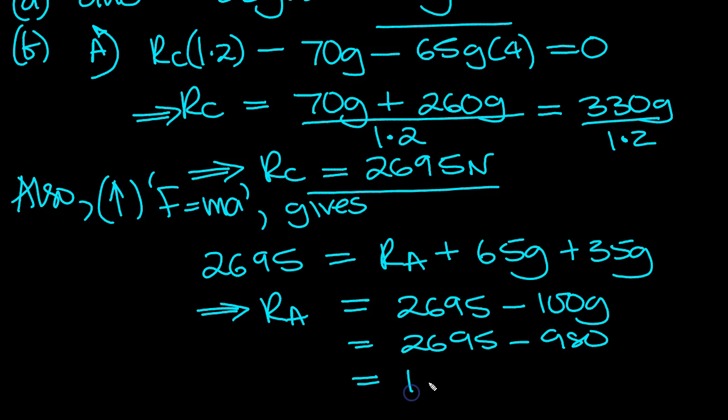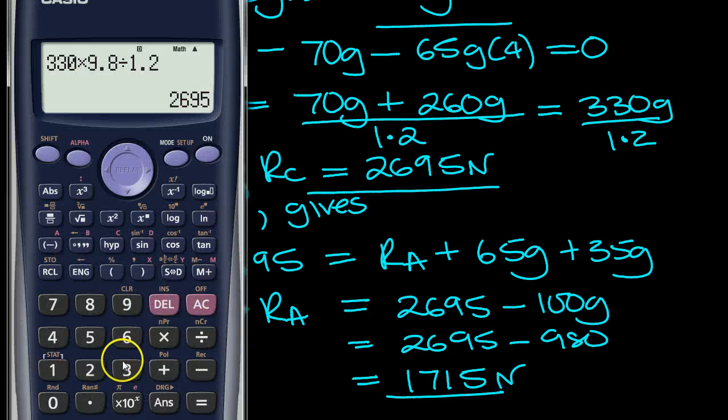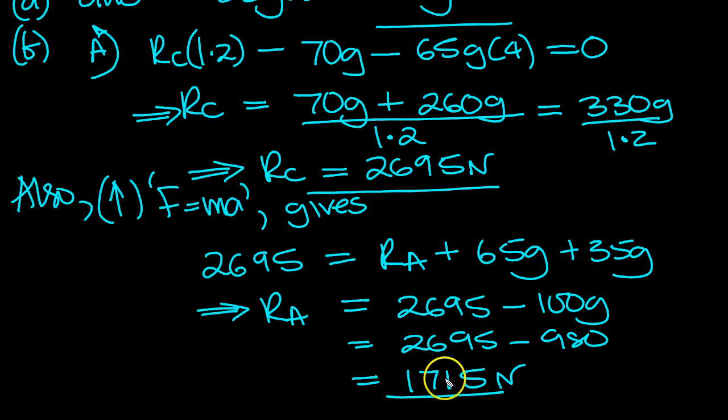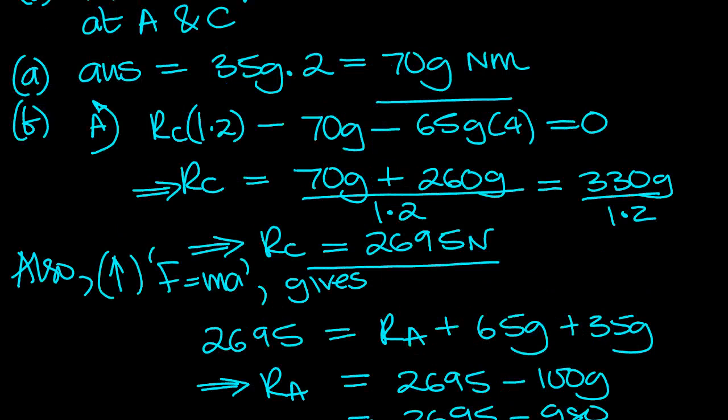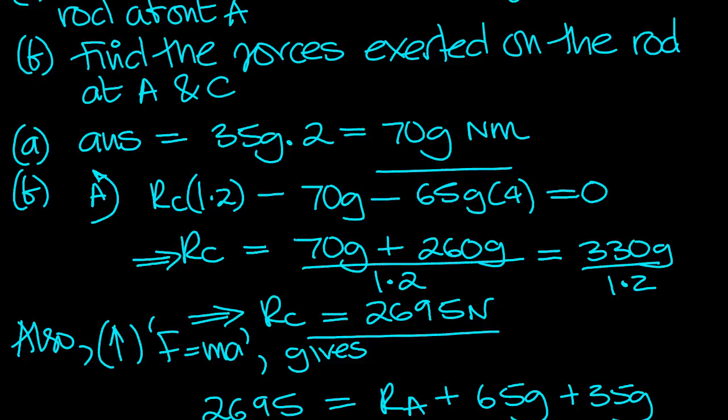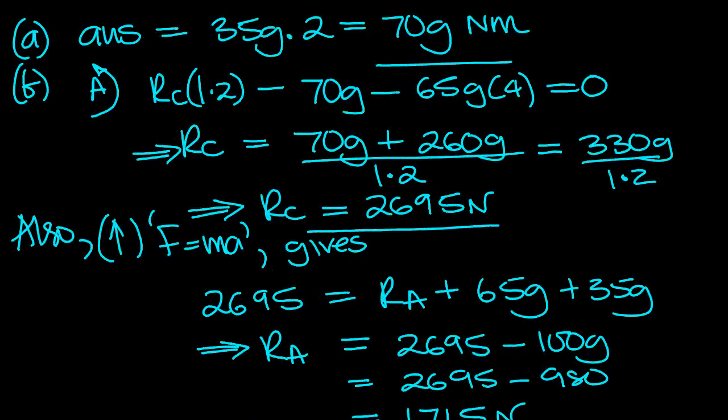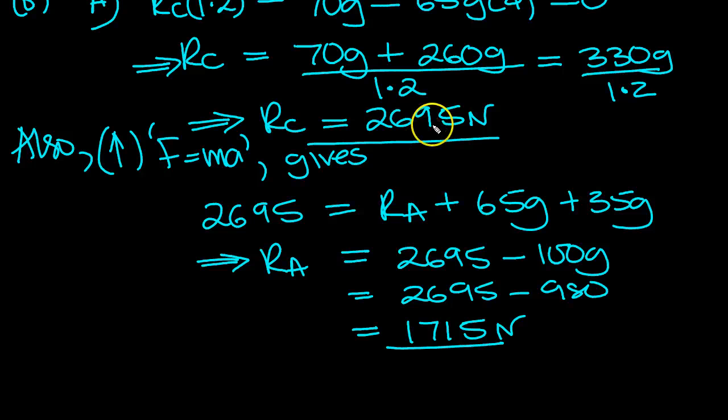So it's 1695, add 20, 1715 newtons. Tap it in the calculator if you need to. Let's just double check it anyway. 2695 minus 980, 1715 newtons. So that's the reaction force. So let's just check we've answered the question. Find the forces exerted on the rod at A and C, which we've done, these two forces.